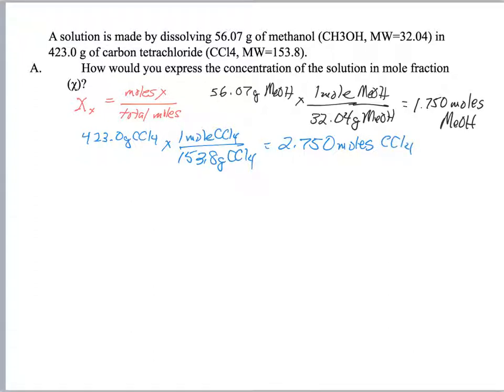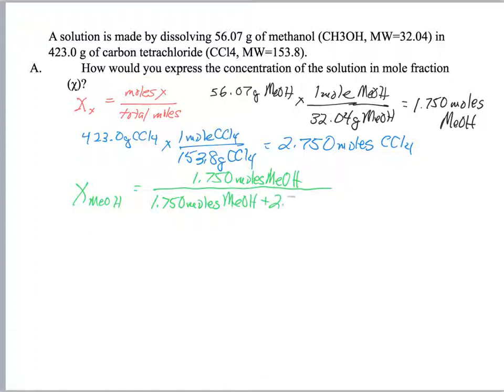Okay? So now, to figure the mole fraction of methanol, we have to put all of that together. We have 1.750 moles of methanol divided by all the moles. So there's 1.750 moles of methanol plus 2.750 moles of carbon tetrachloride.